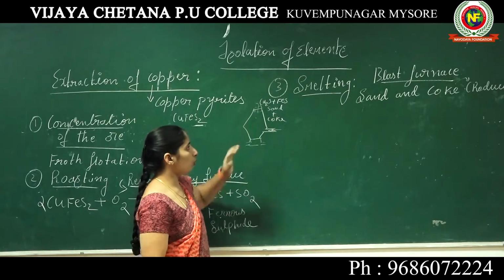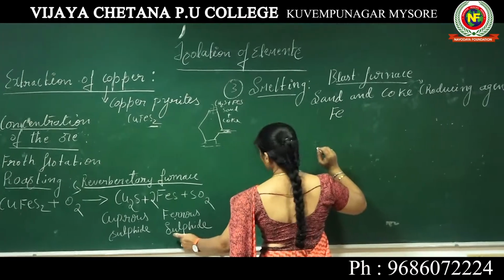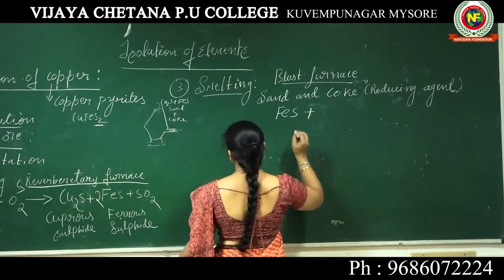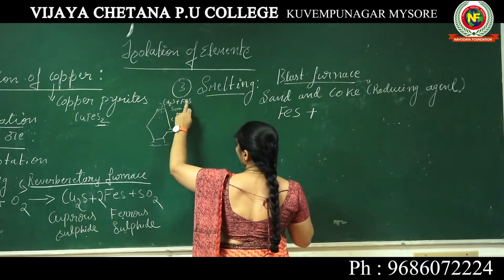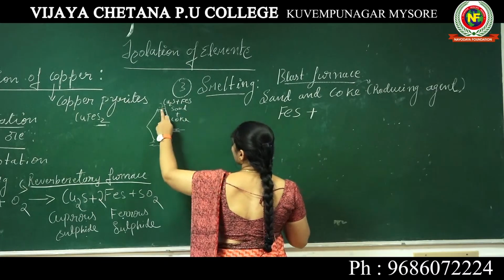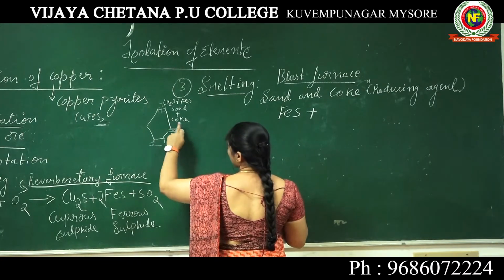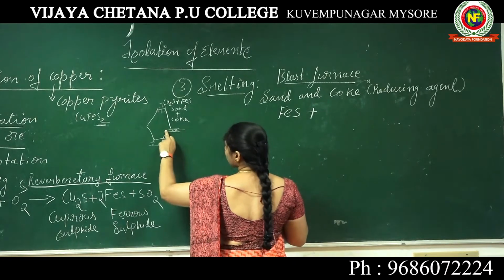So all this mixture of cuprous sulfide, ferrous sulfide, sand and coke is introduced inside the blast furnace, and a blast of hot air is passed through this pipe.